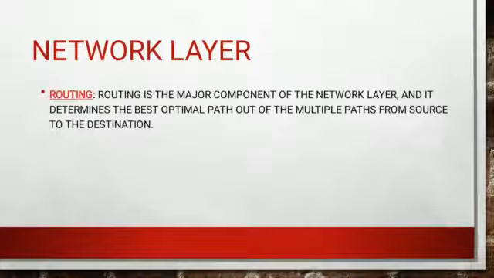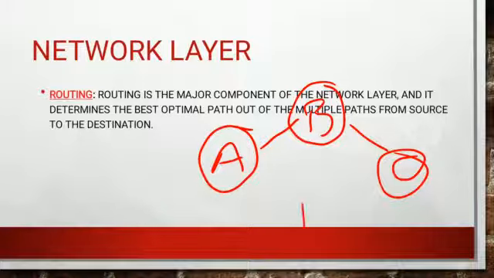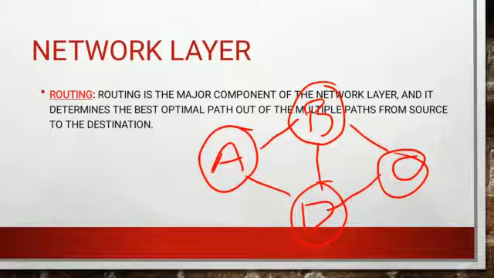Routing. This is the major functionality of the network layer. Why is routing important? Because from source to destination there are different routes. For example, these are the systems connected: A, B, C and D. This is the architecture in which the systems are connected.